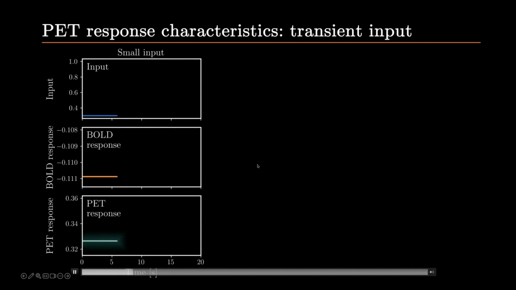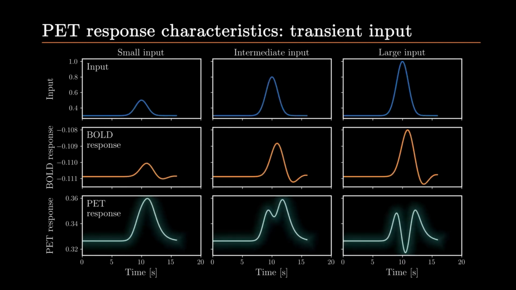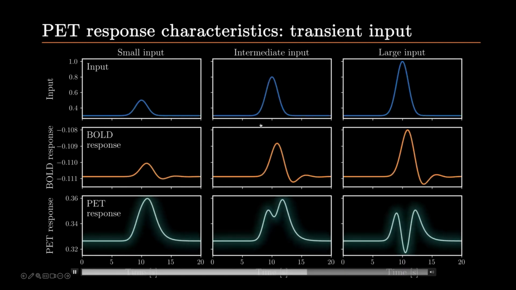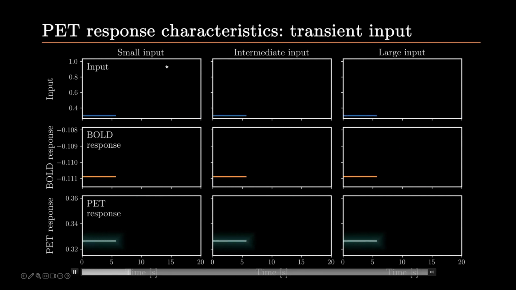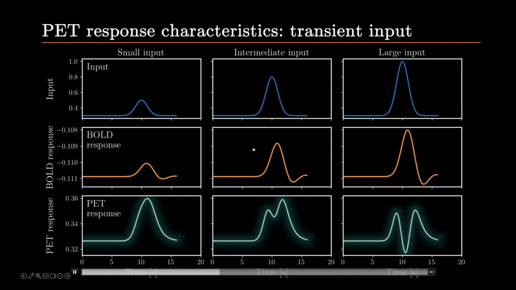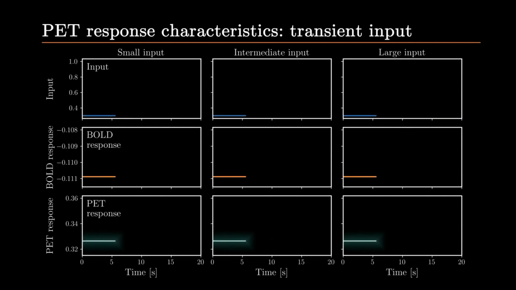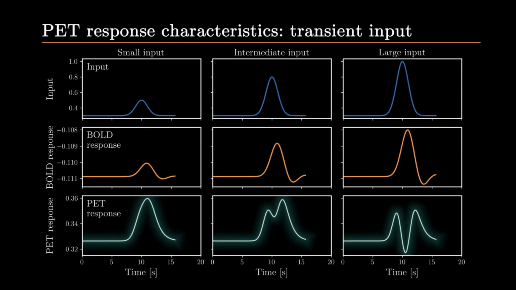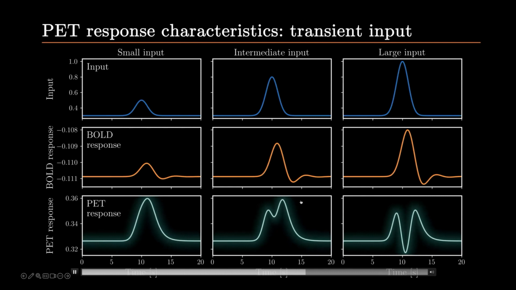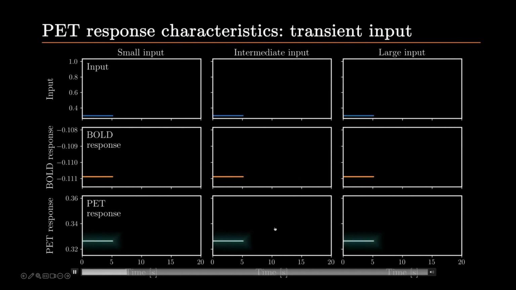How about when we increase the amplitude of the input? Then we can see that the bold response, as we go from small input to intermediate input to large input, just scales up. So the shape stays the same. We have one peak followed by a negative peak and then going back to rest. What about the PET response? Well, it seems like the PET response is changing shape depending on the amplitude.